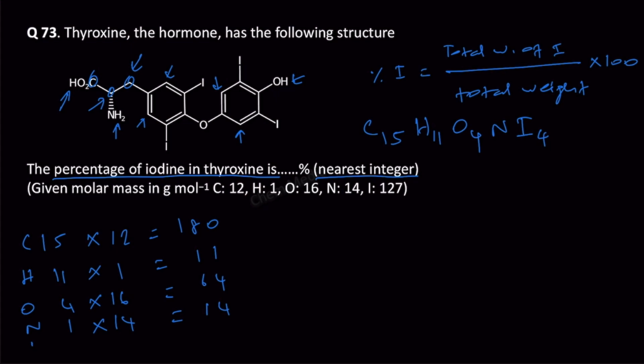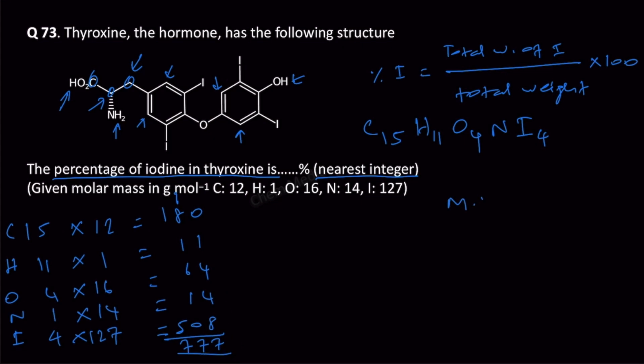And then iodine, we have 4 of them, 4 times 127, and that is equal to 508. So therefore the total is 777. That's the molecular weight. So therefore molecular weight is 777.